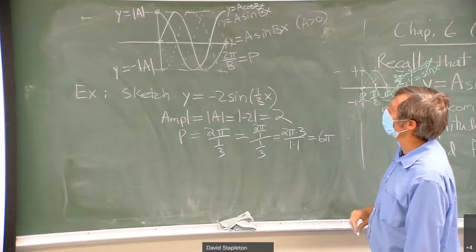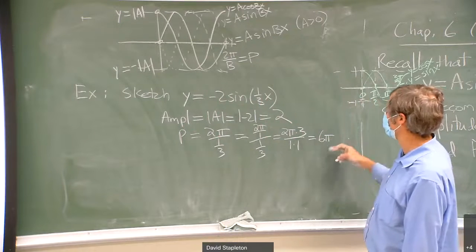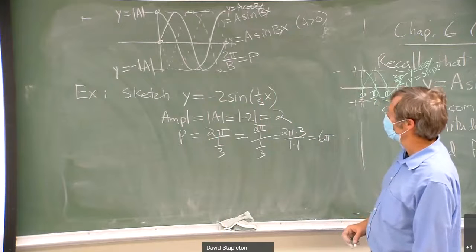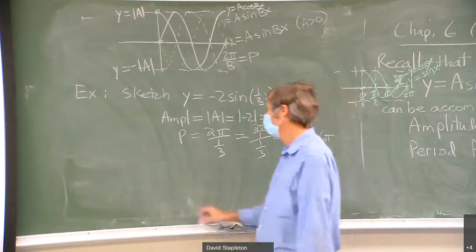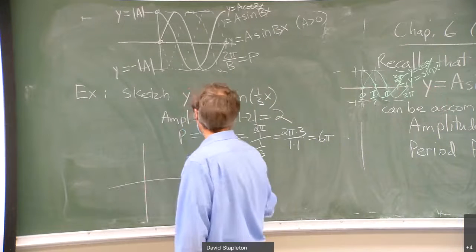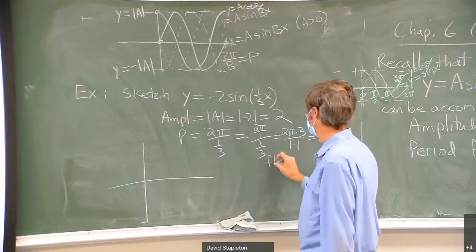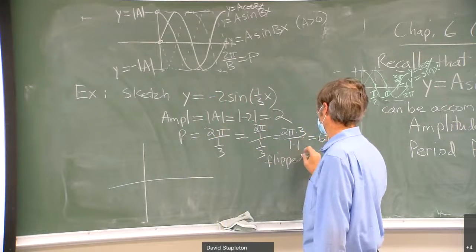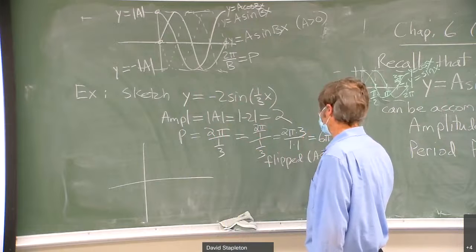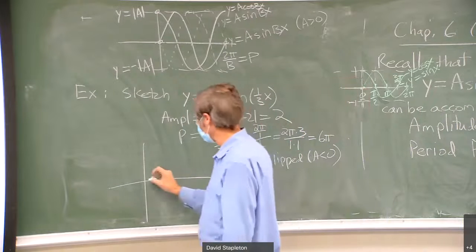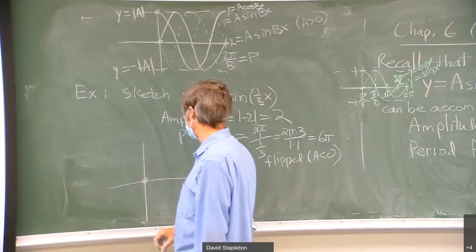So I draw the same way with period 6 pi and amplitude 2. And this is a flipped sine, excuse me, since A is negative. Now the sine always starts at the origin, so I draw it through the origin in any case.